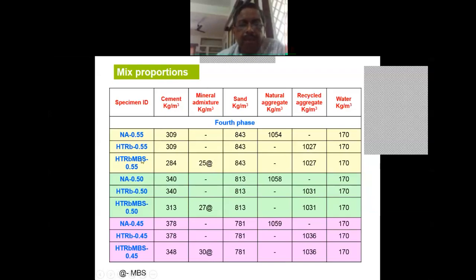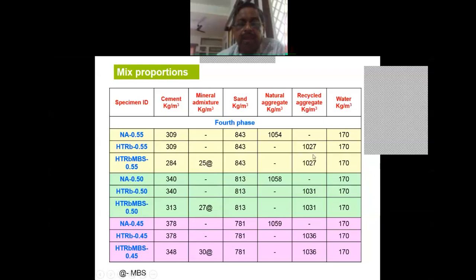Even for different water cement ratios, we tried 0.55, 0.5, and 0.45. It's only 25 to 30 kg that is added. But there will be some change in volume, because the specific gravity of the cementitious material is changed. So you may have to adjust the quantity, and you can account for that volume adjustment in your total aggregate quantity itself.